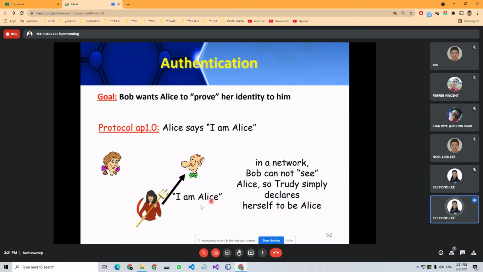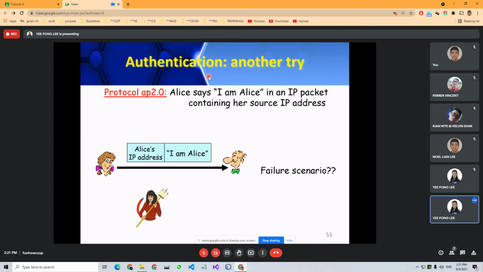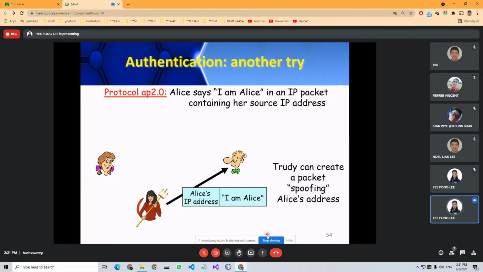Here Trudy will say she is Alice instead of the real Alice. Alice says I'm Alice in an IP packet containing her source IP address. But Trudy also can do the same. Can you see the difference here?